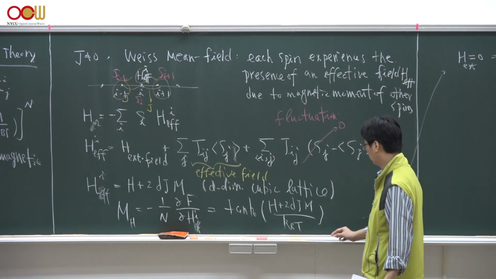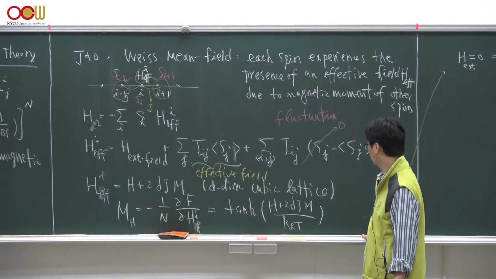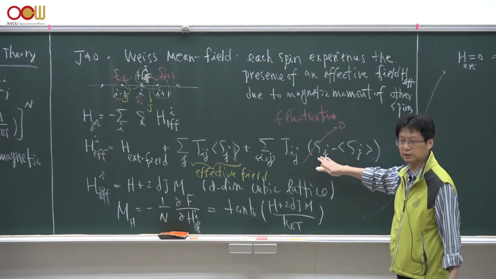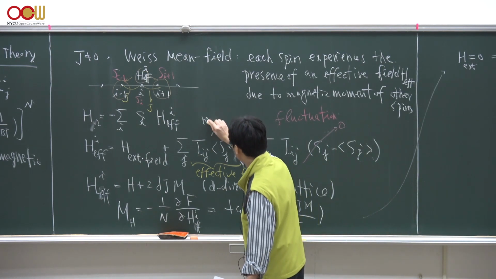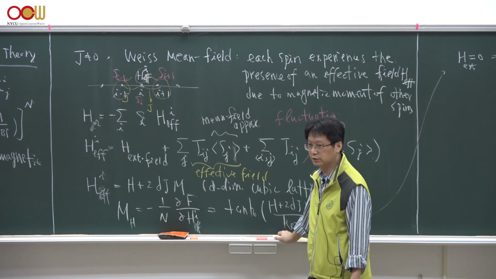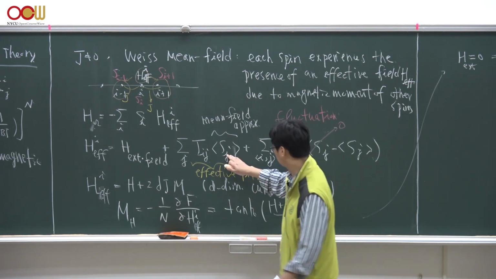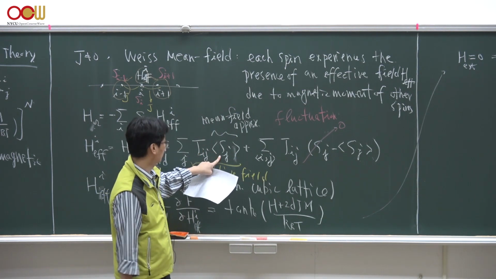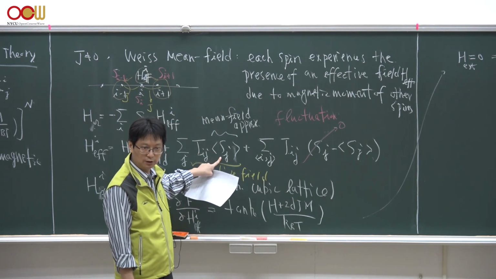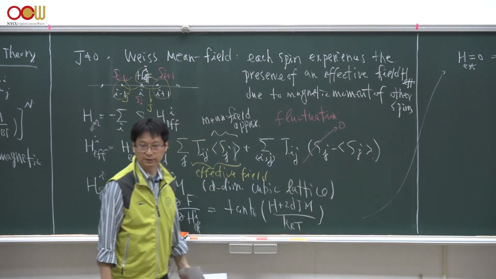Of course, we know that the effect of this effective magnetic field should also include fluctuations beyond the mean field. This mean field approximation includes only the expectation value, or the average spin moment after the ensemble average. The effect goes beyond that, and we need to also include the fluctuations beyond this approximation.